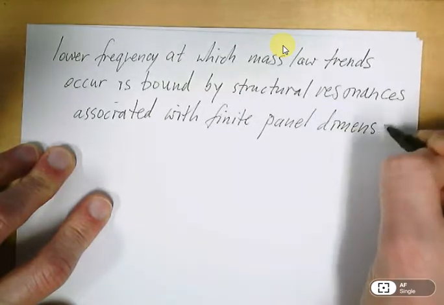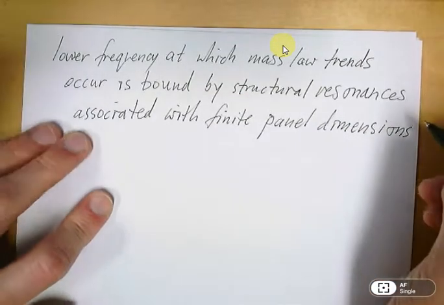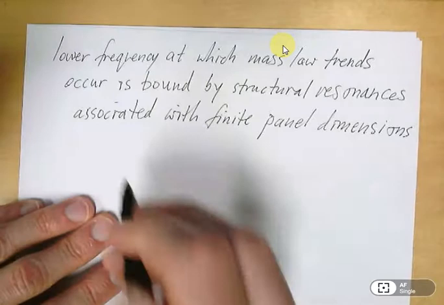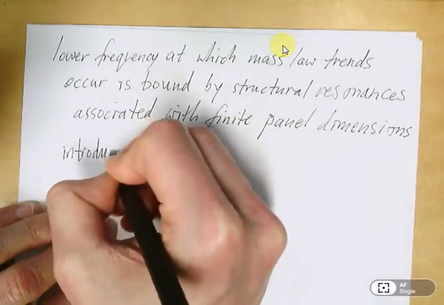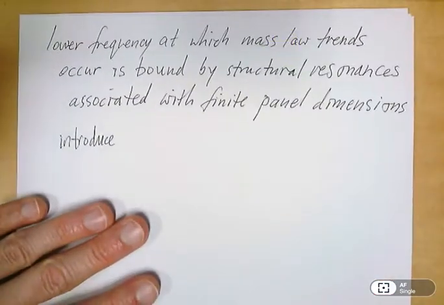So this is where the panel acts like a finite structure. So we introduce the fundamental frequency to characterize this bounding frequency range.